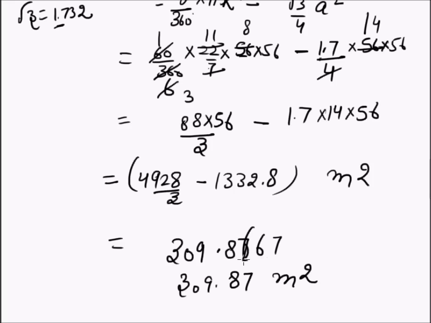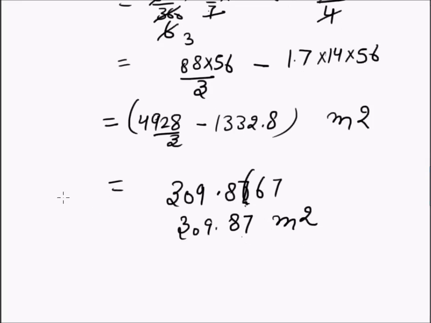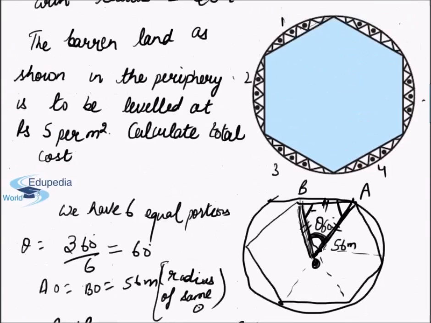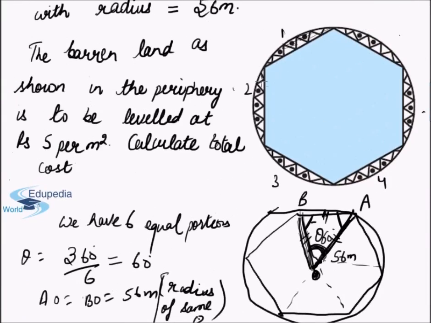The 6 is rounded off as 7 because this term is greater than 5. So we have calculated the area of one portion as 309.87 meter squares. Now we have, friends, 6 such portions of barren lands.